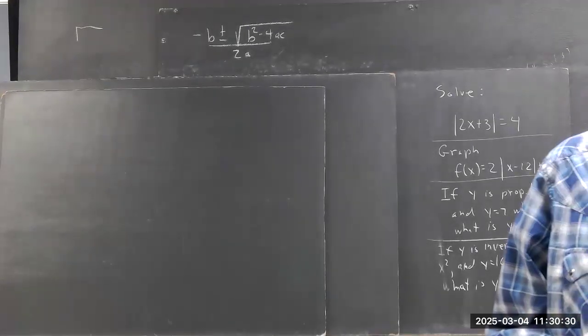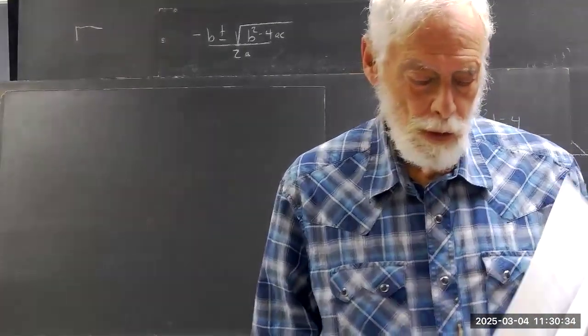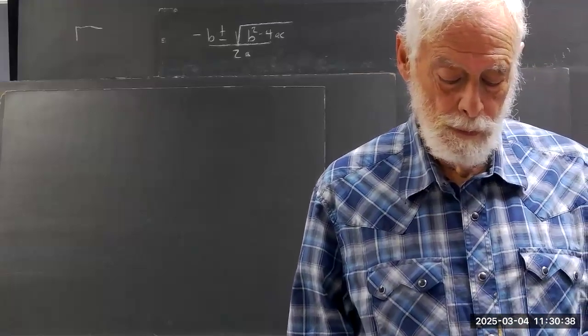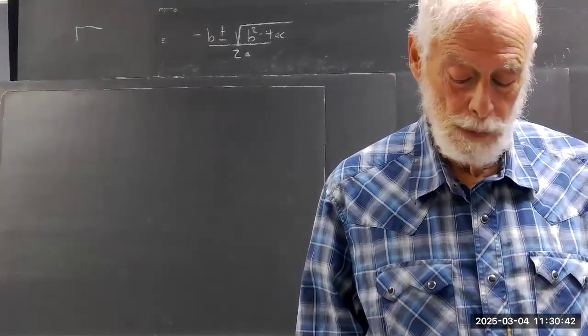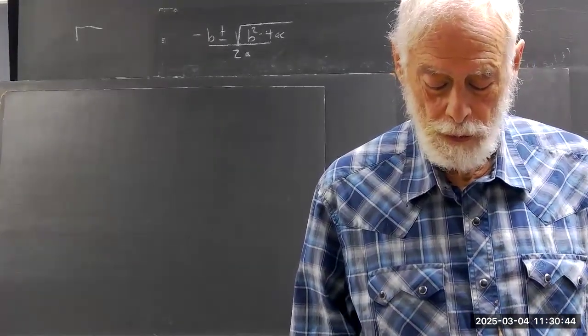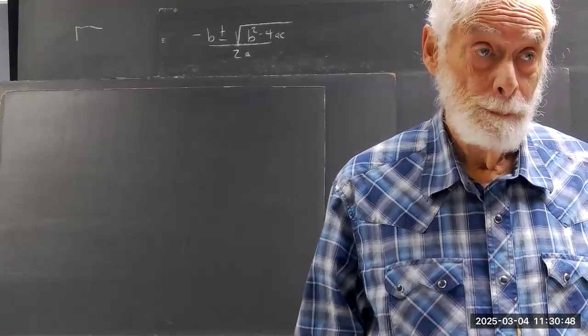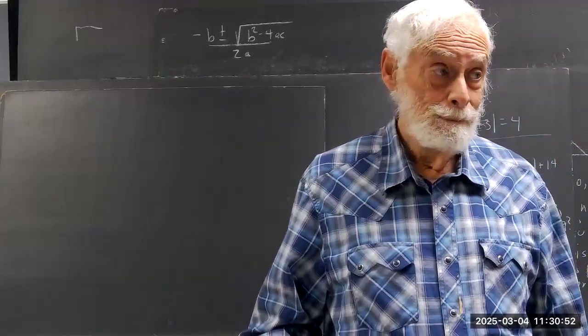We got 1, 2, 3, 4, 5, 6, 7 problems out of, I think, about 17. Okay. It's basically one problem of each type.